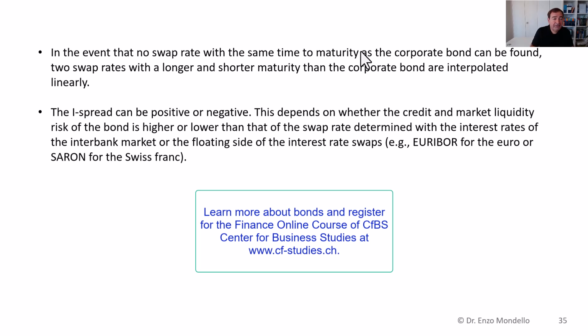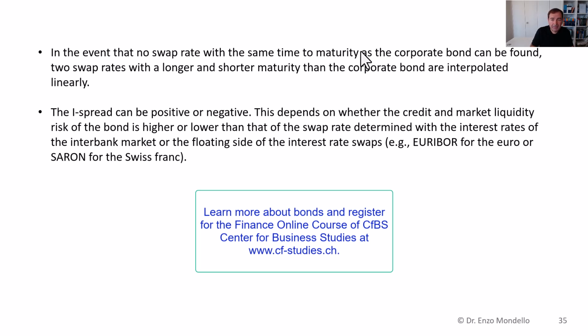In the event that no swap rate with the same time to maturity as the corporate bond can be found on the market, two swap rates with a longer and shorter maturity than the corporate bond are interpolated linearly, same as we've already discussed with the yield to maturity of the government bond. The I spread can be positive or negative.